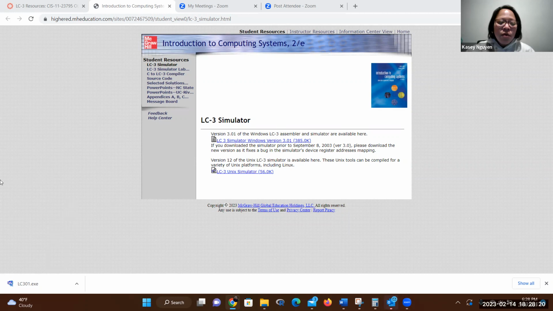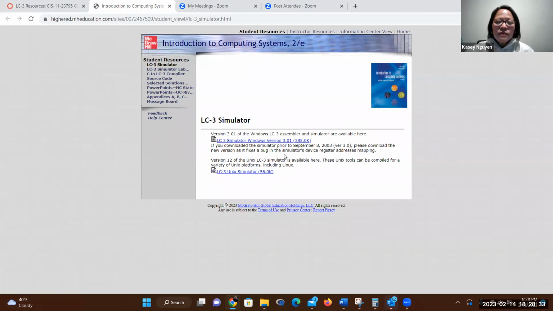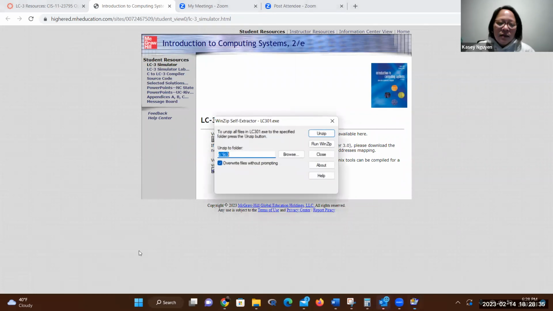So when you install, it's going to put an LC3 folder. Sorry, let me go through and open this for you. It's going to look like this. And we have to unzip it in order to access the application file. If you can't find it, you go to your downloads folder and then you just click on the exe.